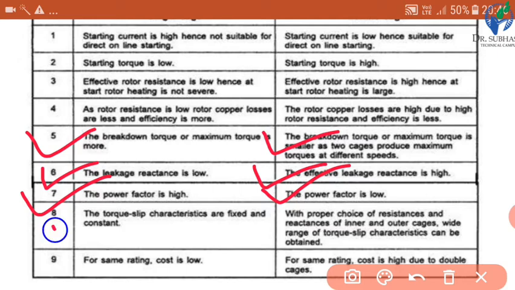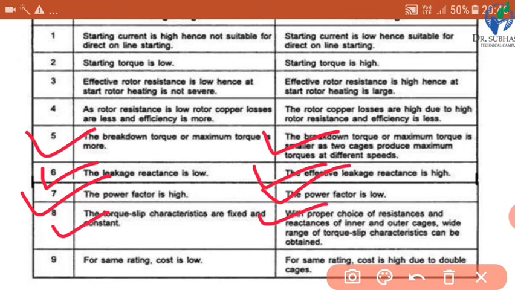Another point is that torque slip characteristics are fixed in a single cage rotor, but in a double cage rotor, with a proper choice of resistances and reactances of the inner and outer cages, a wide range of torque slip characteristics can be obtained.